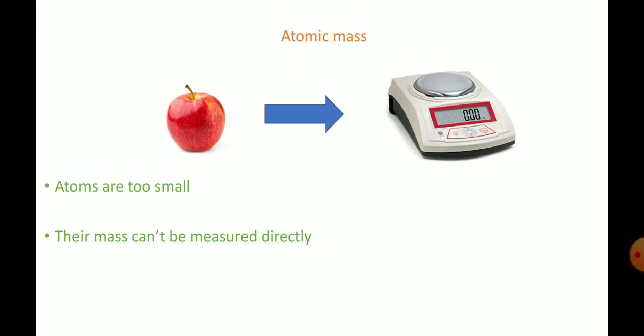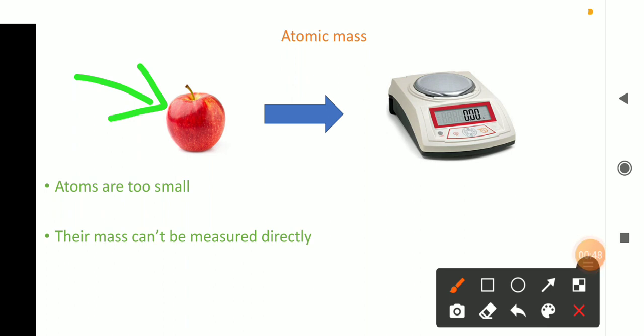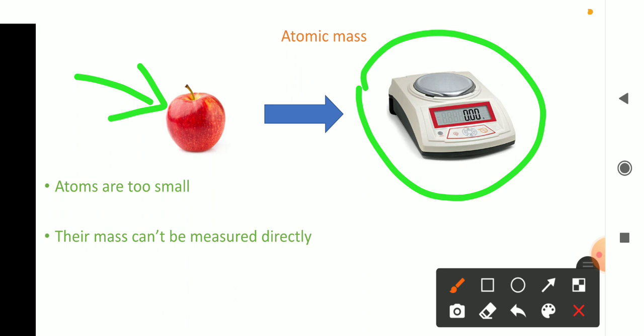Okay students, look at the picture given. I have taken a picture of an apple. If you are asked to find out the weight or the mass of this apple, how can we do it? Yes, we can find the mass of this apple by using this weighing balance, isn't it? So this is a simple way of measuring the mass of a particular object. But in the same way, can we measure the mass of an atom?